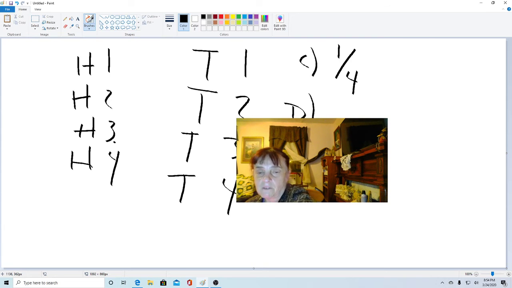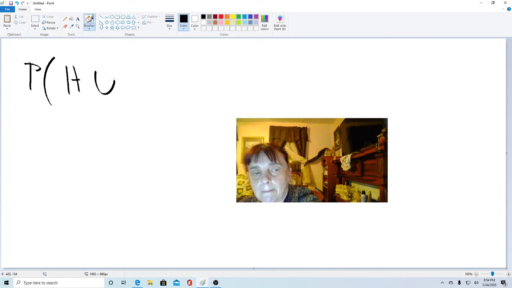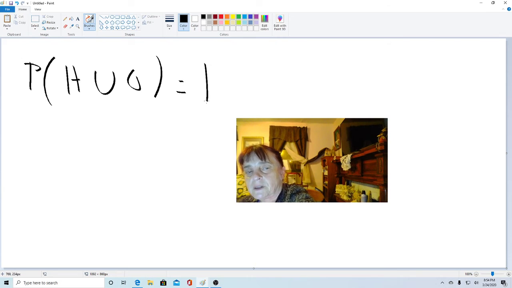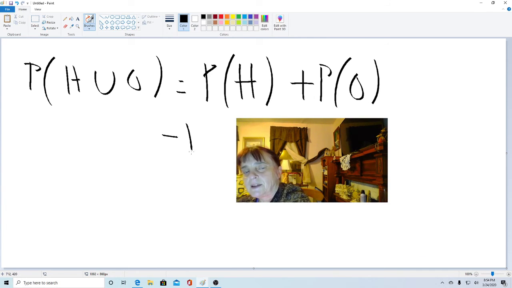That's a probability of a, we'll start over with the new screen. The probability that a head is flipped or an odd number is obtained is the probability of a head, plus the probability of an odd number is obtained, minus the probability of a head and an odd number is obtained.